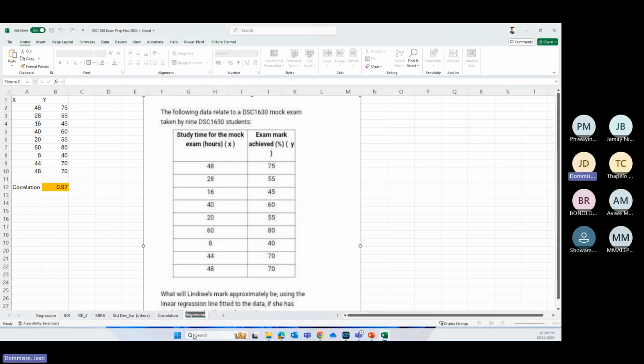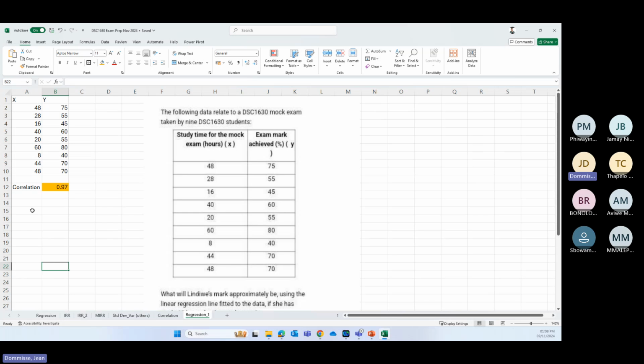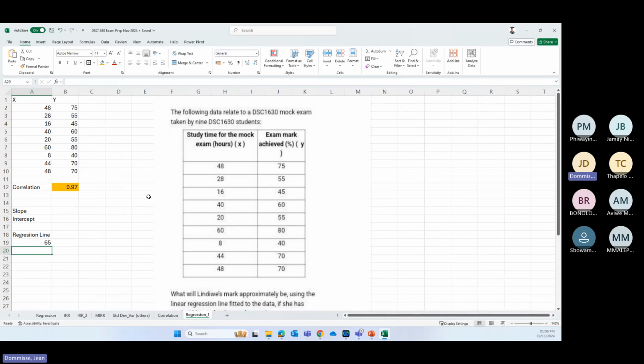Another regression. We want to work out the slope. We want to work out the intercept. And then we want to write down the regression line. And then where that is going to be 65 hours, we want to know what is that answer.